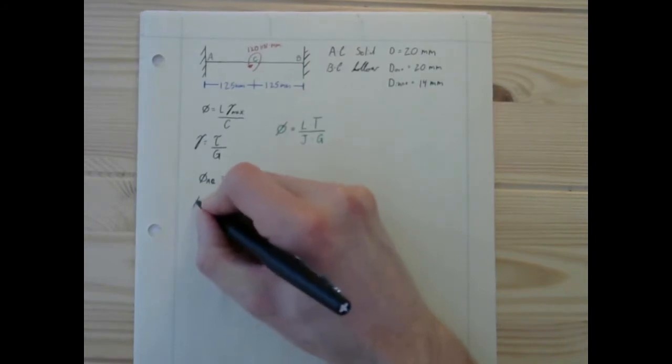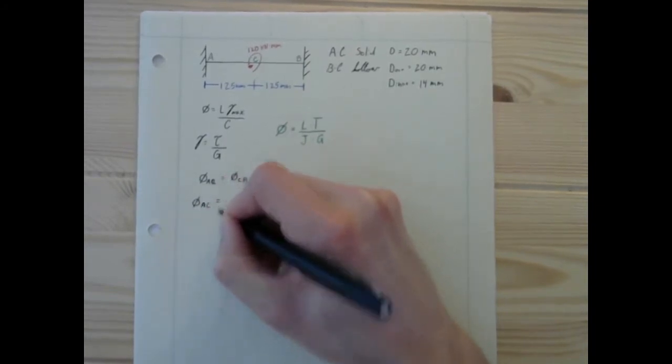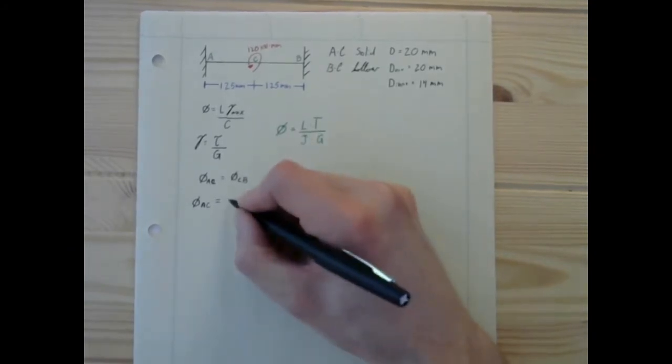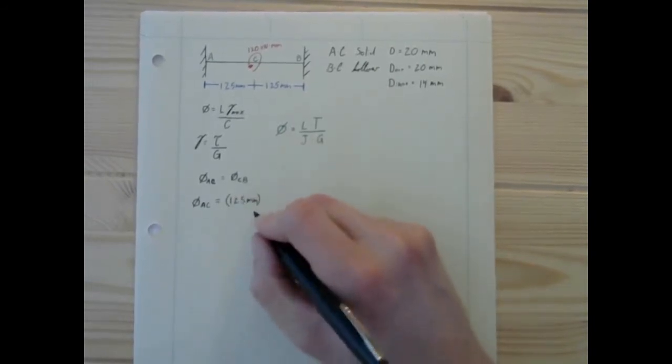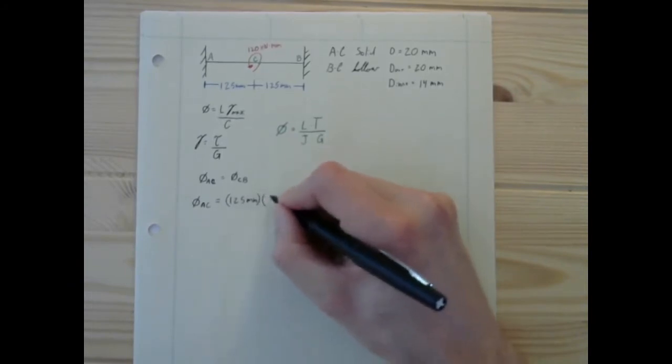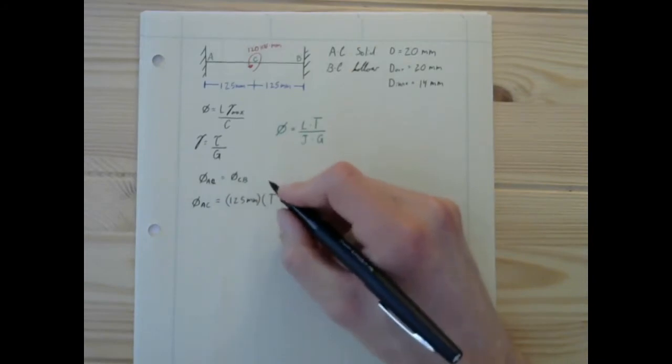So we can write that the rotation from A to C will be equal to 125 millimeters, the length, times the torque from A to C, which will be constant.